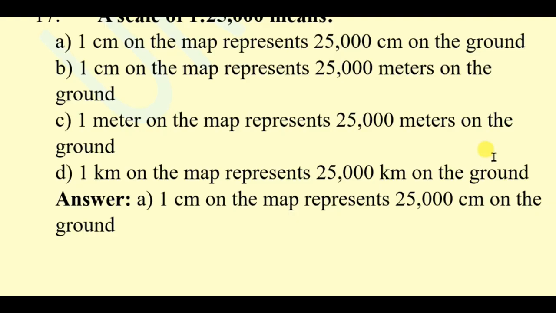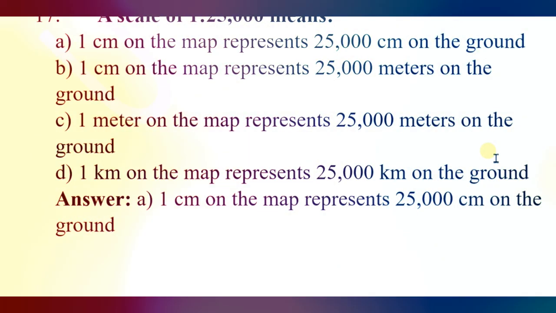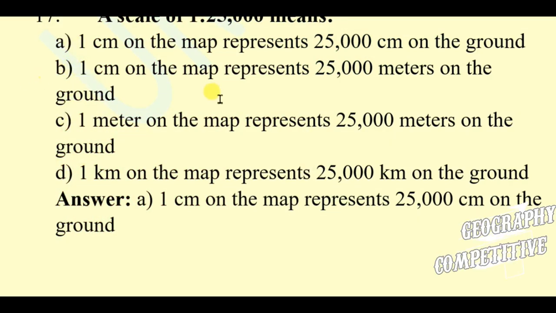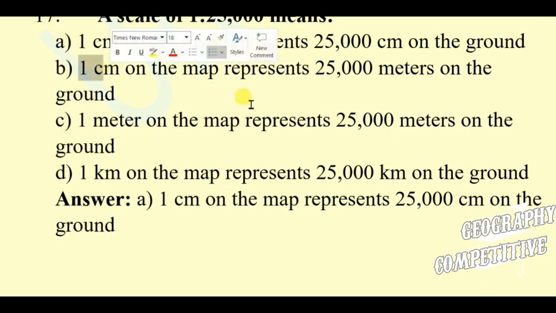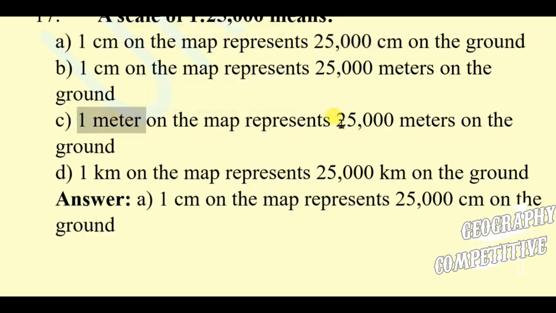Here the right answer will be 1 cm on the map represents 25,000 cm on the ground. But here the correct answer is option A, C, D other than B. Here 1 centimeter and 25,000 meter, these two will be the same in unit, then it will be right. Meter, meter, km, km. Okay.